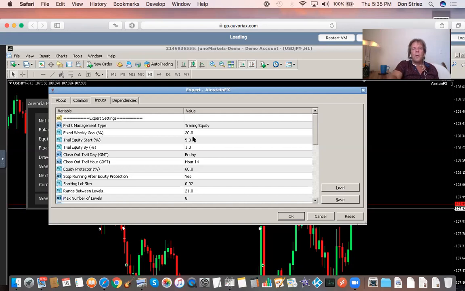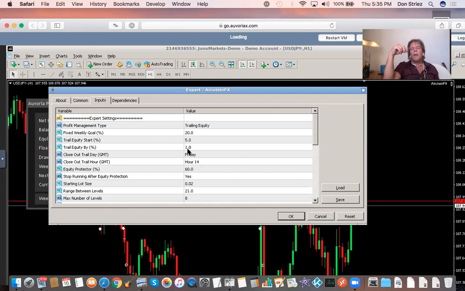You can change this to any number you want, 3%, 2%. Right now I have it set at 5%. As soon as my account hits 5% for the week, it sets a trigger, and then it'll trail that by 1%, because that's also a setting. So if it hits the 5% trigger, that means I've got 4% locked in. No matter what happens, when it comes back down to 4%, I'm out, and I've got 4% for the week.